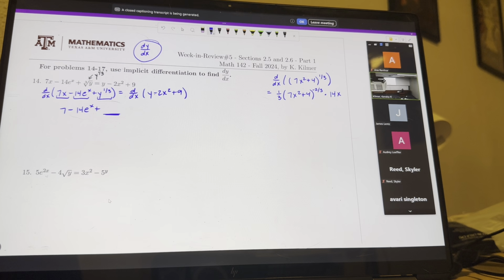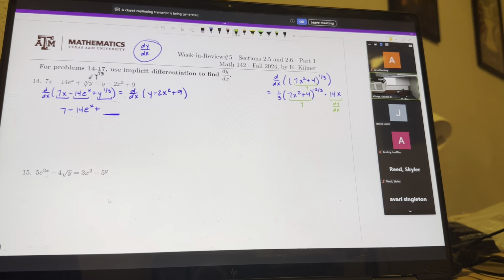That is the idea I'm using over here. I just don't know what y is. So this right here is what I'm calling y, and this right here is the derivative of y. This is what I'm calling dy dx.